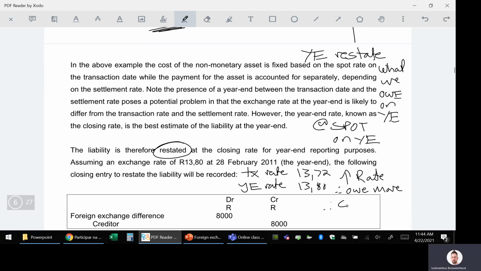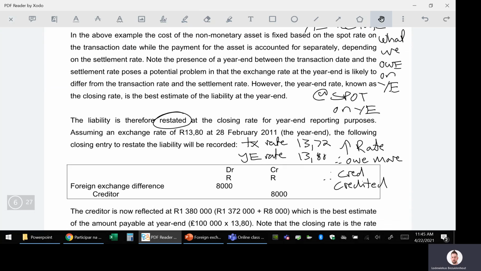So that means we will owe more, which implies the creditor should be credited at year end when we restate it. The difference is 8,000. So we credit the creditor with 8,000 and we debit the foreign exchange loss with 8,000.